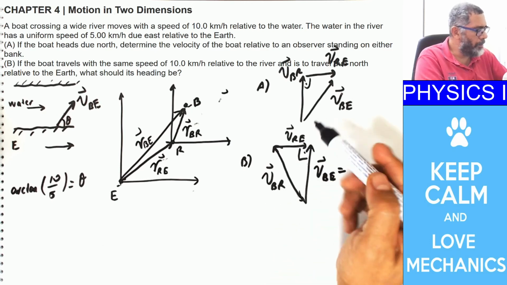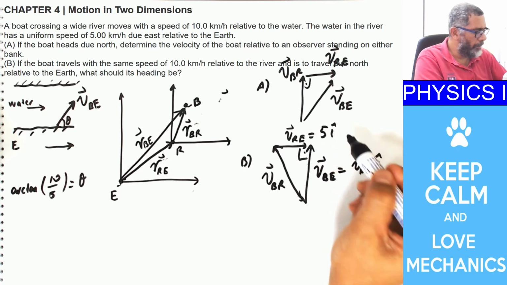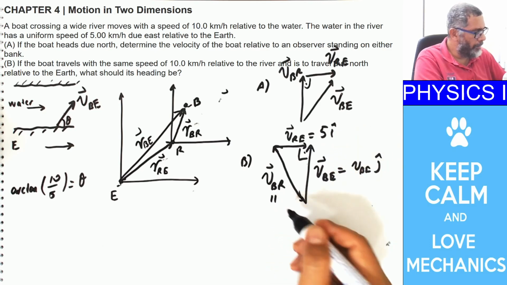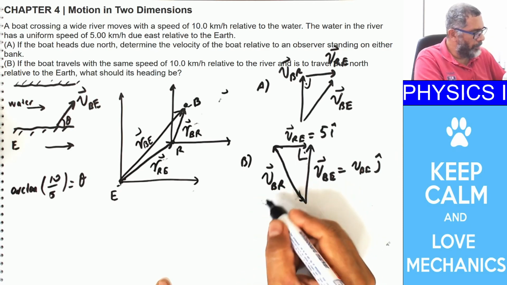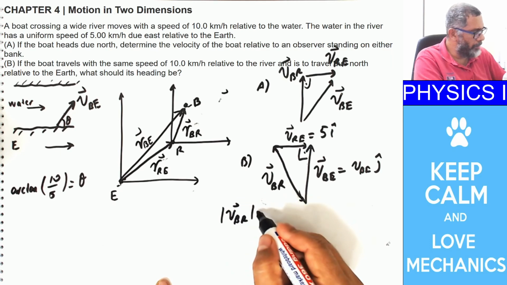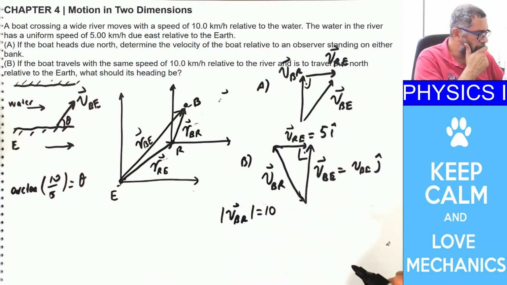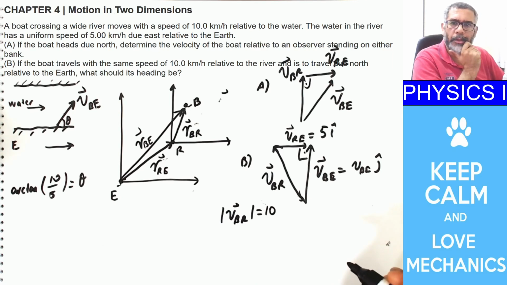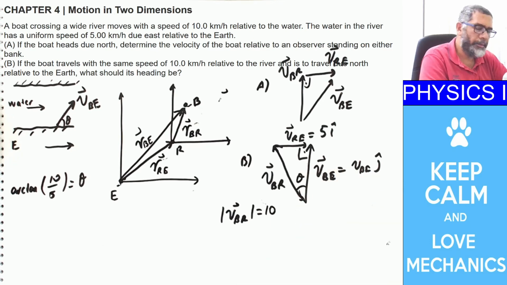And we know this is still 5 i, and the magnitude of V_BR is 10. Okay, and the question was this angle.